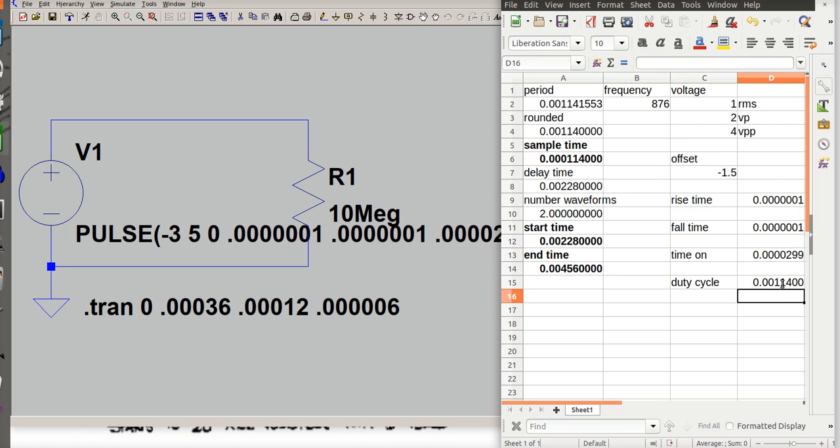Okay. Now, once I have the duty cycle, I can establish my time on. I usually like to do a small fraction, so 0.00001 is my time on.